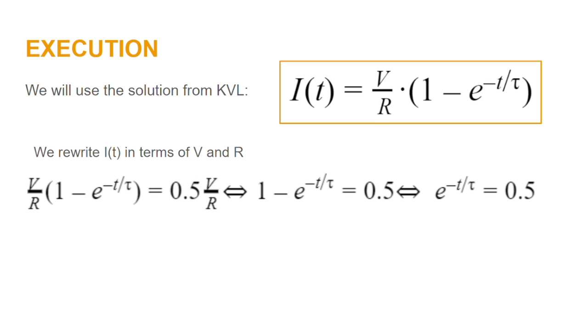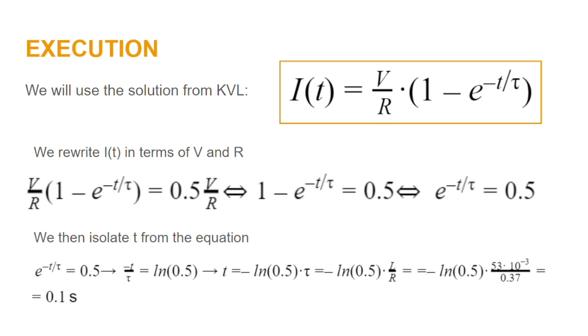Now we have an exponential equation, which can be solved using logarithms on both sides, and, isolating the time, we get that it is equal to minus logarithm of 0.5 times the time constant. This constant is the inductance of the solenoid divided by the resistance of the circuit, both given values in the statement. Therefore, we substitute and find that time equals 0.1 seconds, and that's our final result.